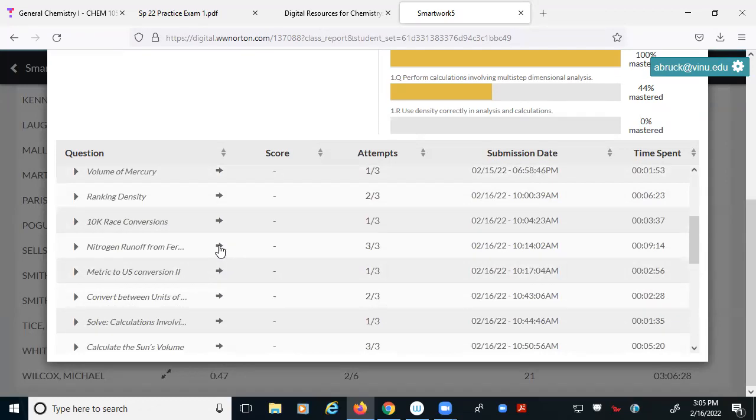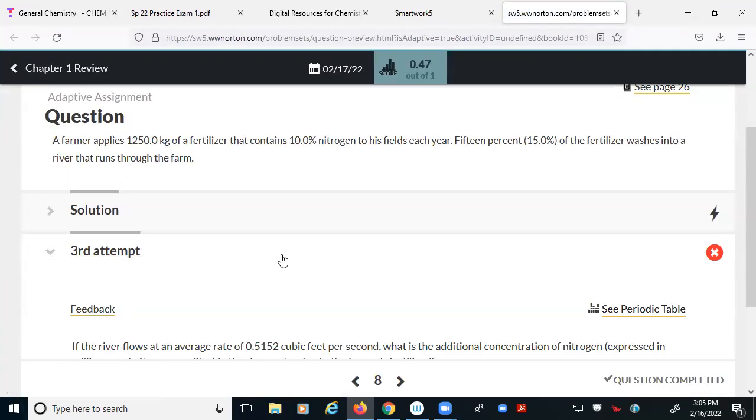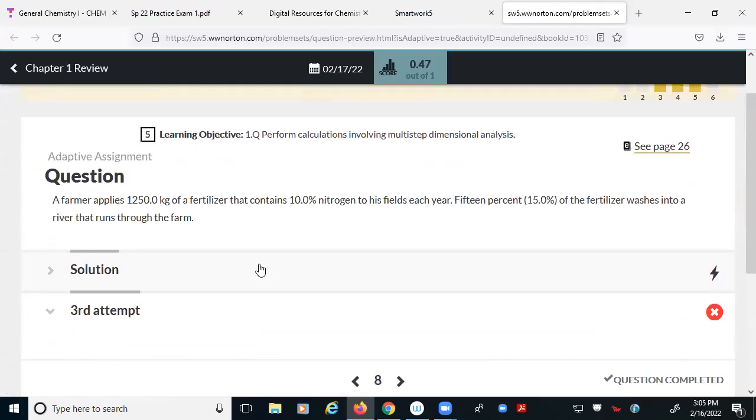Guessing it's nitrogen runoff. Yeah, it should be at the very bottom. I have opened it. I've done it over multiple times, I think on my third.